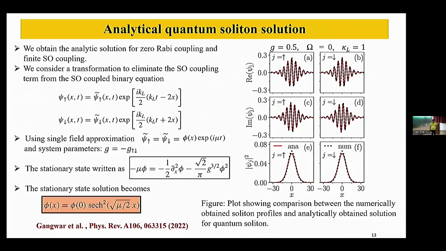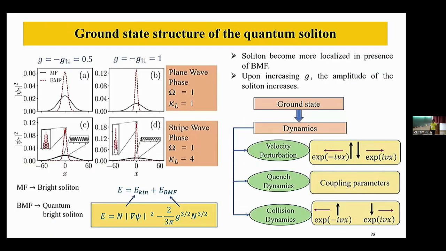That was quite easy to get an analytical solution, and using the field approximation, we were able to get the sech-squared nature of the soliton present in the quantum droplet. That matches quite well with our mean field and beyond mean field simulation, as well as the analytical result, with quite good matching in both the stripe phase as well as the plane wave phase.